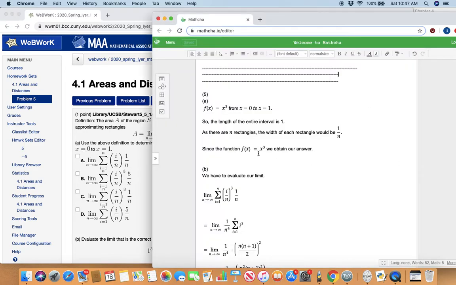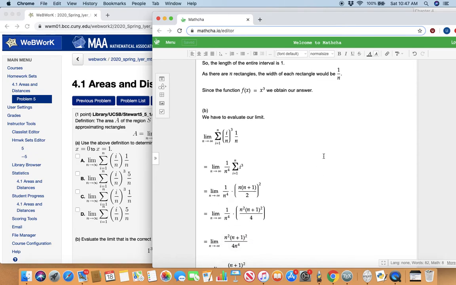Okay. So f(x) is x cubed, x equals 0 to 1. That is, the length of the entire interval is 1. As there are n rectangles, the width of each rectangle would be 1 over n, because it is total length over number of rectangles. My function is f(x) equals x cubed.